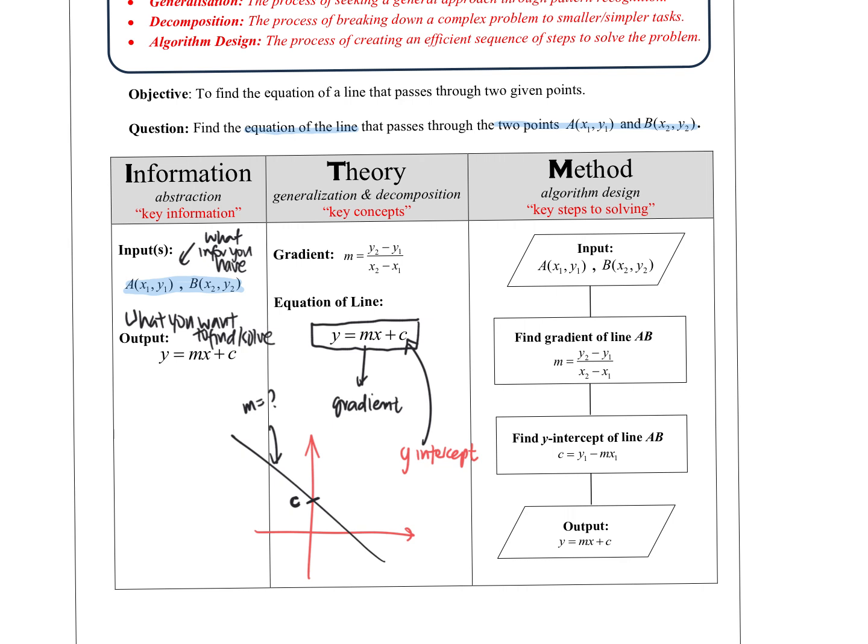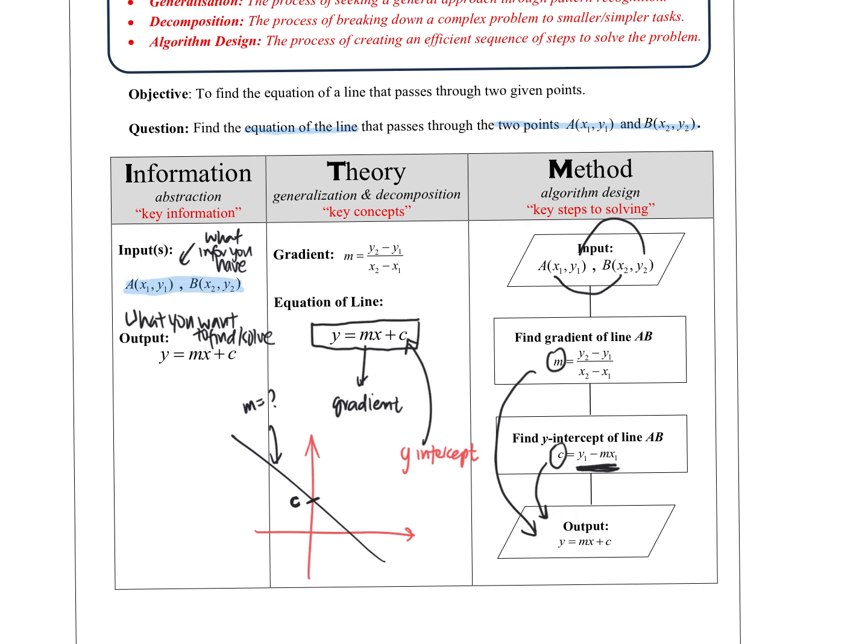We learned already, right? y2 minus y1 over x2 minus x1. So next step, we find the gradient. After we find the gradient, what do we do? We find the y-intercept by using this formula. Then with the gradient and the y-intercept, we get our equation.